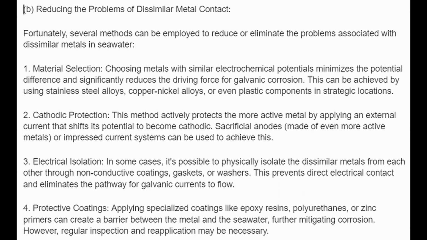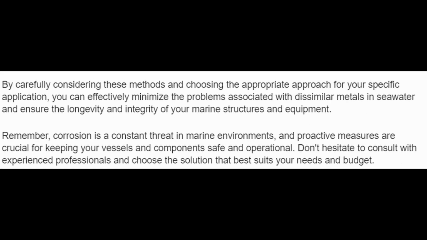Protective coatings. Applying specialized coatings like epoxy resins, polyurethanes, or zinc primers can create a barrier between the metal and the seawater, further mitigating corrosion. However, regular inspection and reapplication may be necessary.